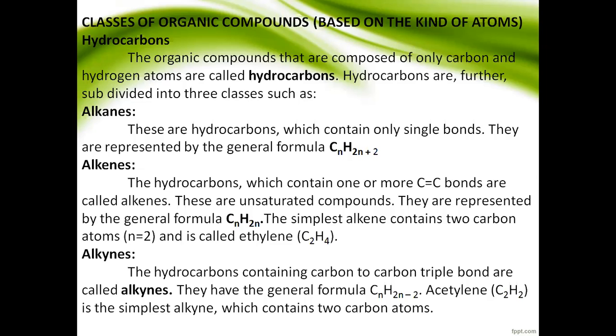So C2H4, and the compound's name is ethene. Put n equal to 3, so C3H6, and the compound name is propene. Next put 4, C4H8, butene. Put 5, so C5H10, and the name is pentene. These are the alkenes.